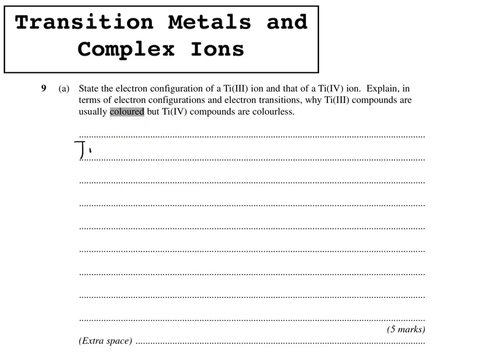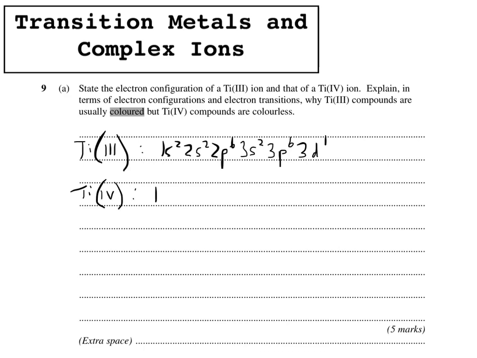So Ti3+ is going to be 1s2, 2s2, 2p6, 3s2, 3p6, and then 3d1. And then the titanium 4 is going to be without that 3d electron. So 1s2, 2s2, 2p6, 3s2, 3p6.